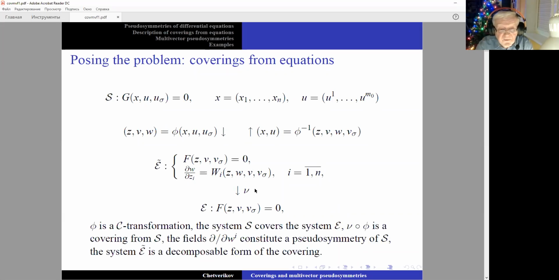Then phi is a C transformation. The system tilde E covers the system E, and the composition of nu and phi is a covariant of S. The fields constitute a pseudosymmetry of S. The system tilde E is called a decomposable form of the covariant.